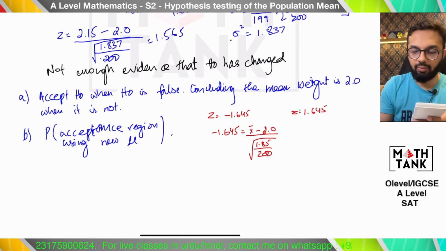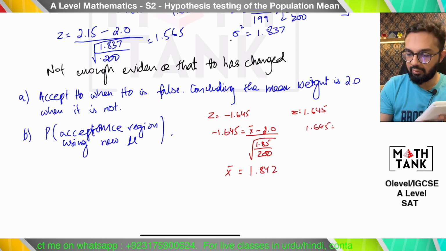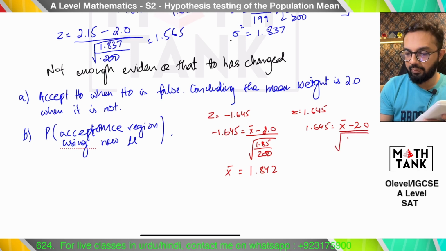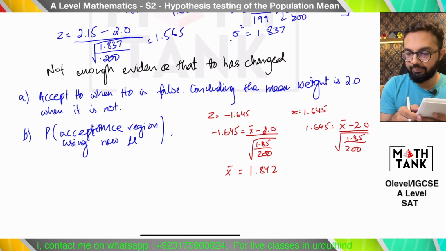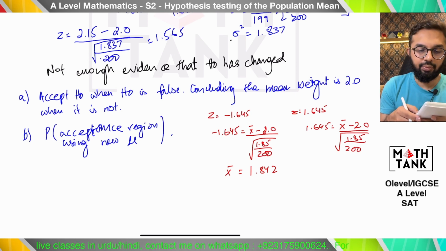So you will have to do all of that. X bar is 1.842. The rejection region comes from the previous part and then you convert it into an acceptance region. I hope we get the correct answer.